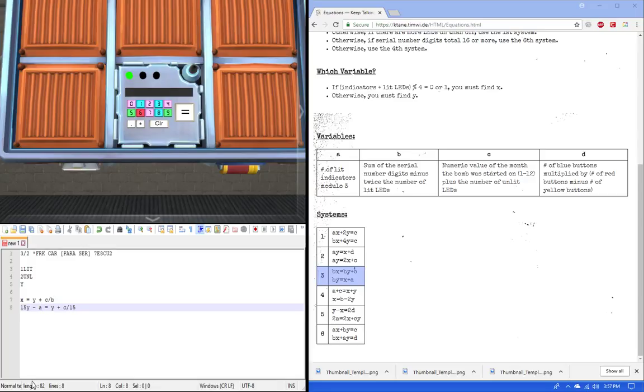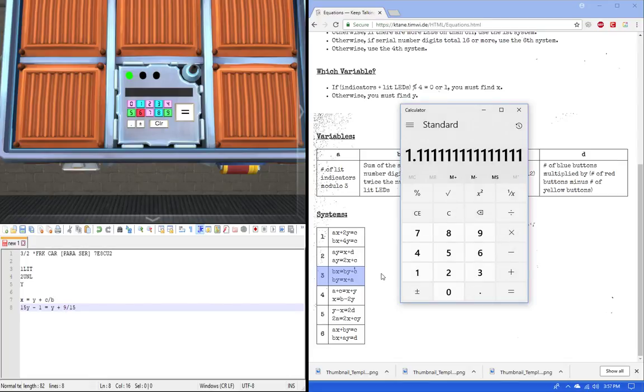A is the number of lit indicators, module 3. We have 1 lit indicator, so that's going to be 1. And finally, C is the numeric of the month, which is right now 7, plus the number of unlit, which is 2. So 7 plus 2 is 9.